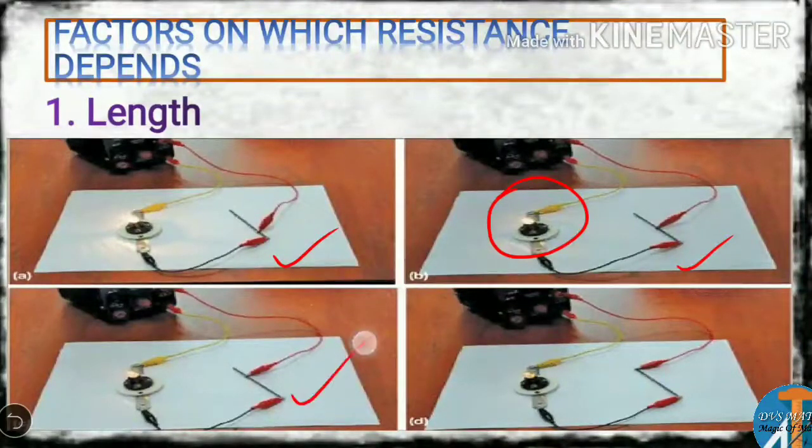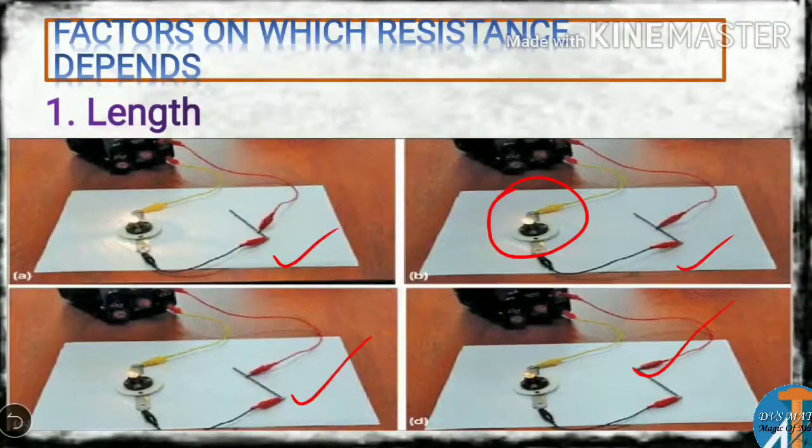So again in this third figure, the length is increased, the brightness is decreased. That means resistance is increasing. In the fourth figure, again the length of the connection on the lead is increased. Again the brightness is decreased. That means the resistance is increasing.